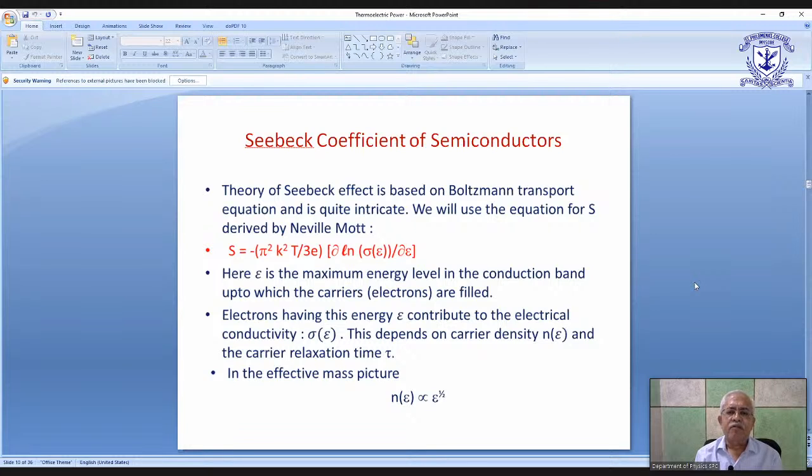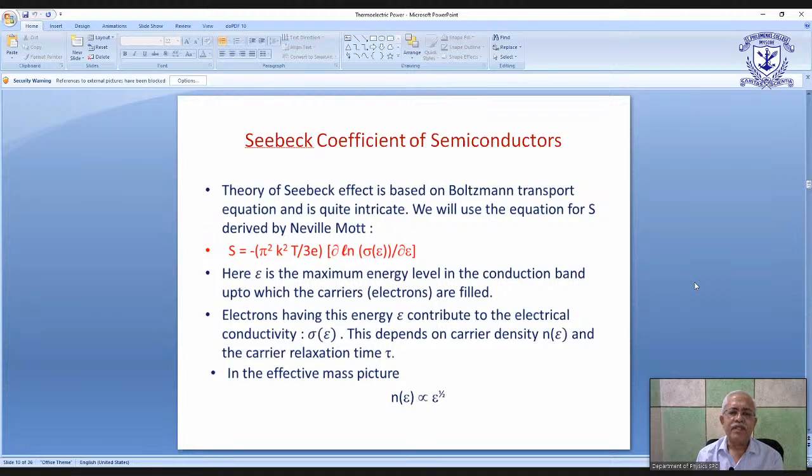In semiconductors you have valence and conduction bands, and there are empty quantum states in the conduction band. Electrons which go from the donor levels or from the valence band try to fill these vacant energy states in the conduction band.